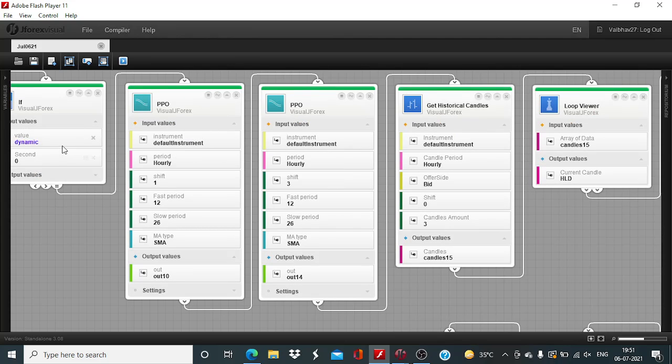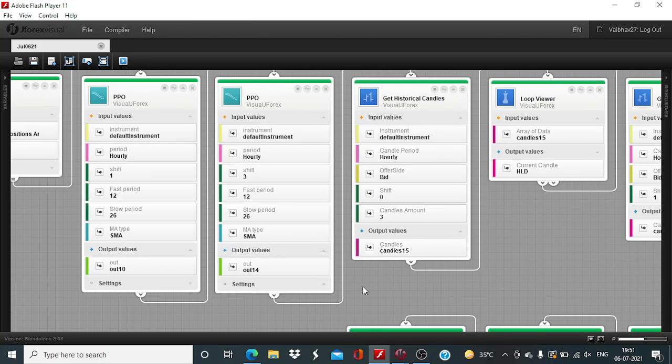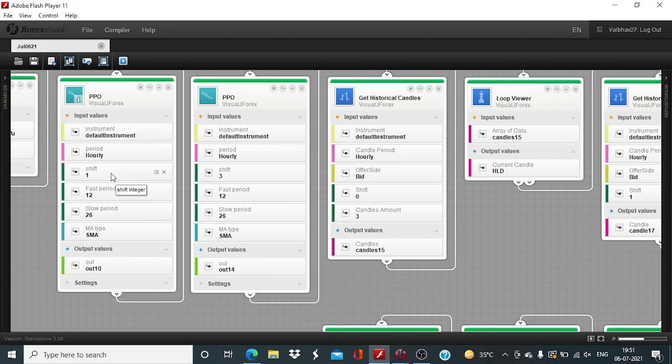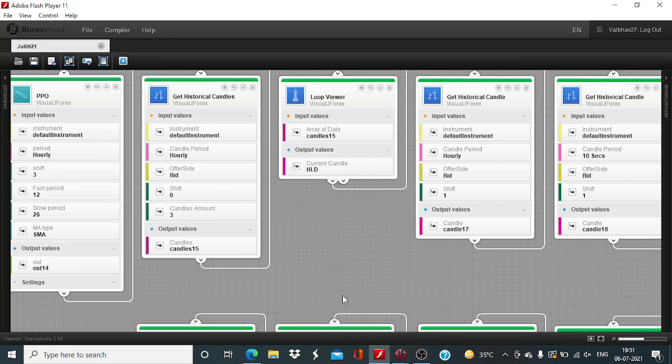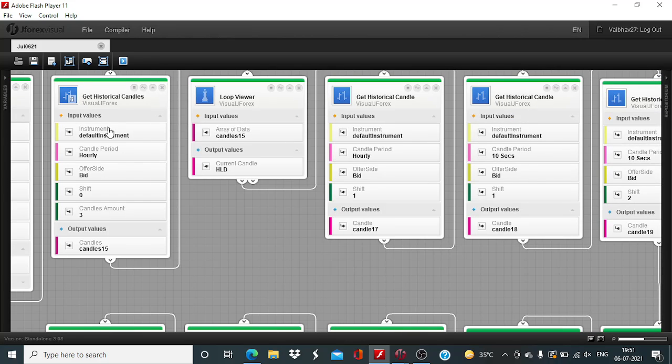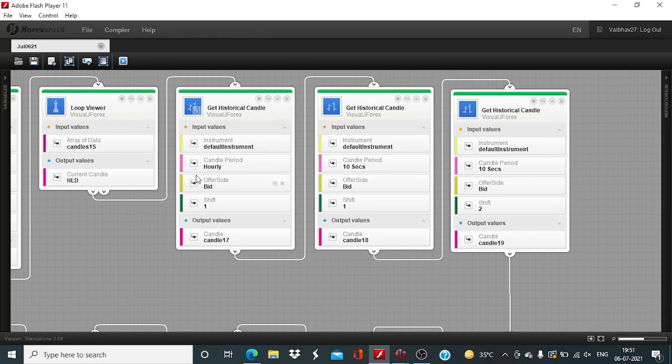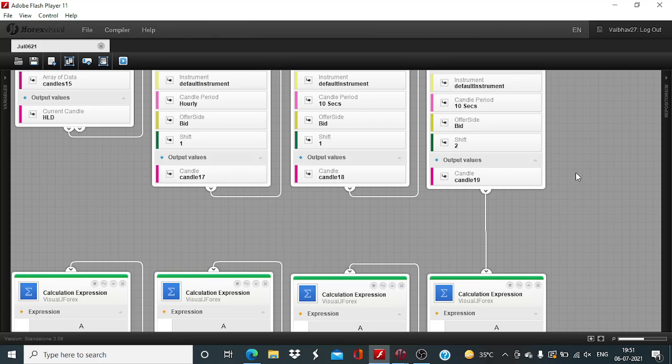After this defining of the position, these two PPO blocks have been added with the varying shift values 1 and 3 respectively. Look at the price action. We are also relying on this cluster of 3 candles of hourly time period, and then to pinpoint the exact entry point, these get historical candle of the hourly candle period and 10-second candles will come handy.